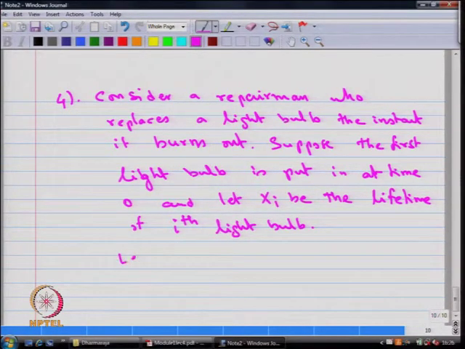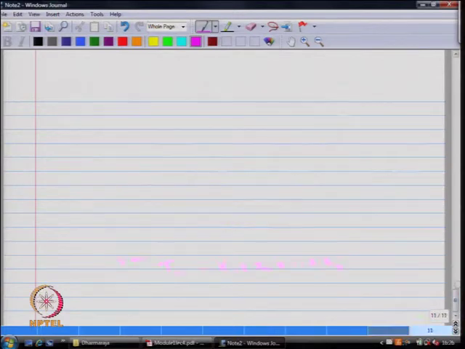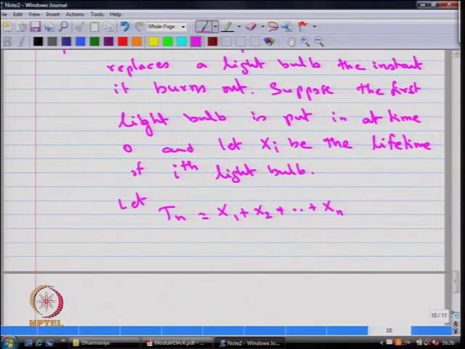You define the random variable Tn as the sum of n X's, where the X's are IID random variables.